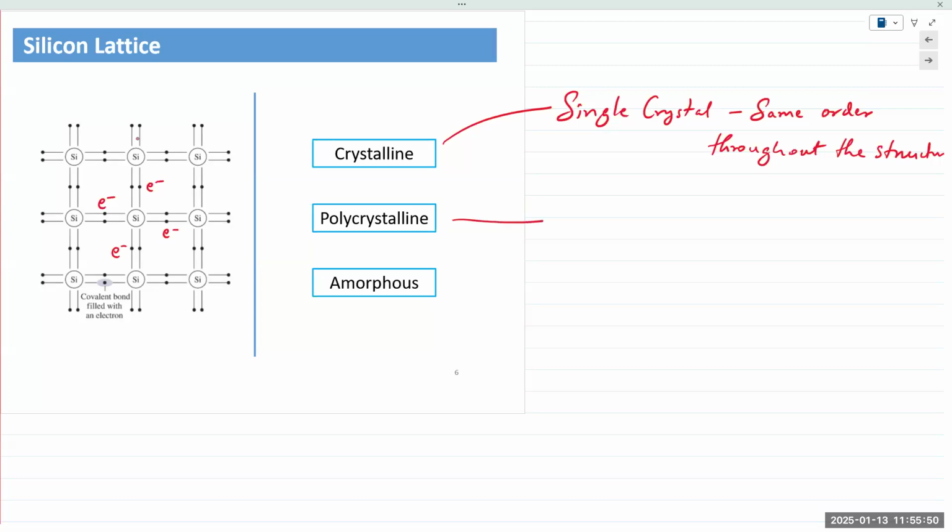Polycrystalline, as the name suggests, has multiple segments. Each of these is arranged in an order, but it has no long range order. So it's in ordered segments.